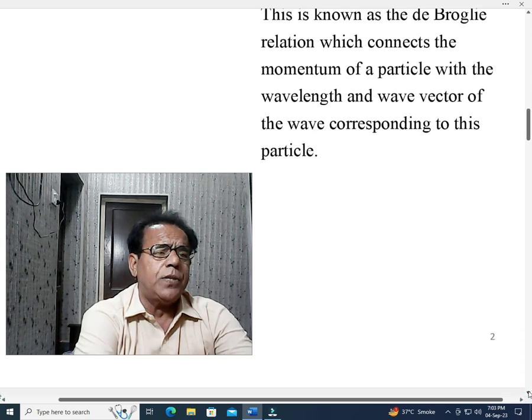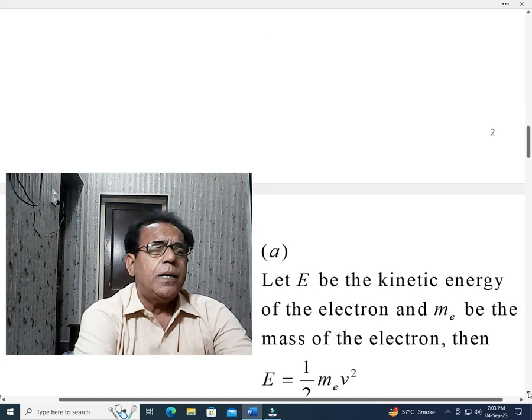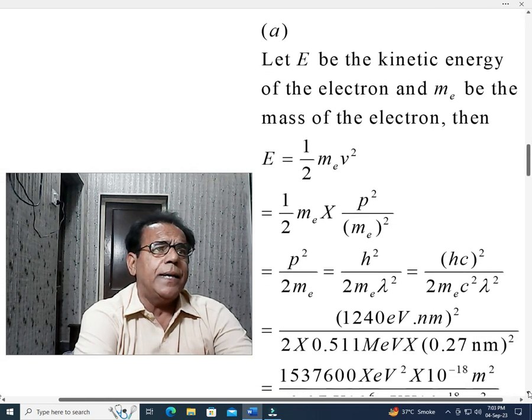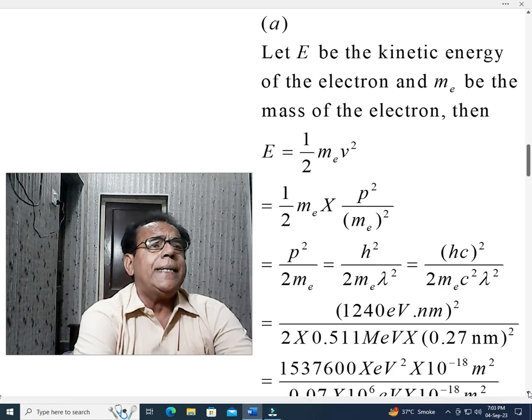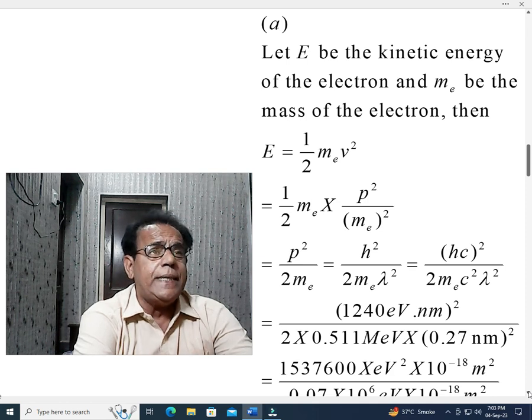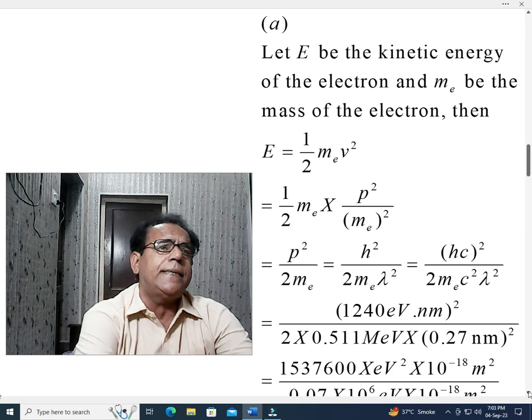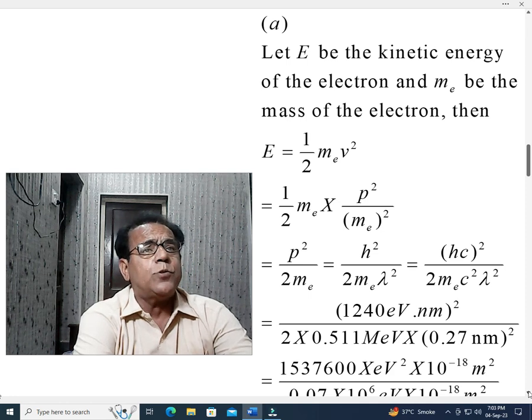Now we move forward. Part A. That foundation was common for both parts. Part A: let E be the kinetic energy of the electron, and m_e be the mass of the electron.